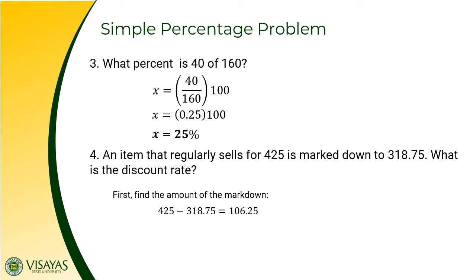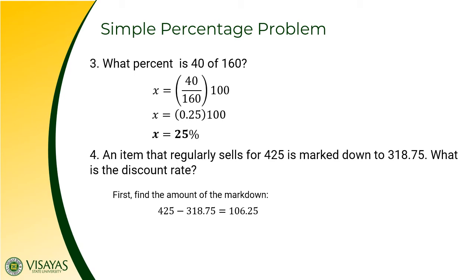Yan po yung nabawas sa original price. Then after determining the amount of the markdown, we can now solve for the percent. Parang yung kukunin lang natin is how many percent of 106.25 out of 425 na original price.